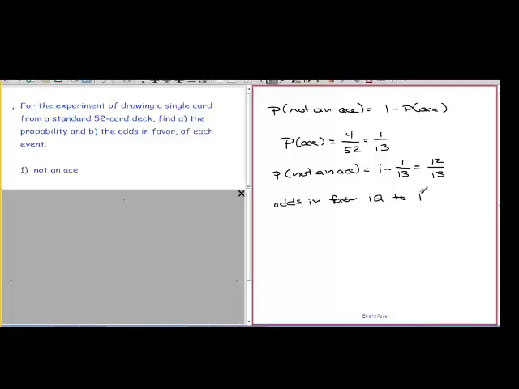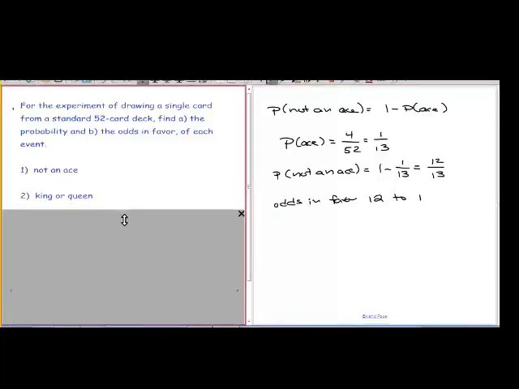So that means if you did this experiment 13 times, over the long run, 12 out of the 13 times you would have not an ace, and 1 time you would have an ace. And whether it's an ace or a jack or a king, you'd have the same calculation.